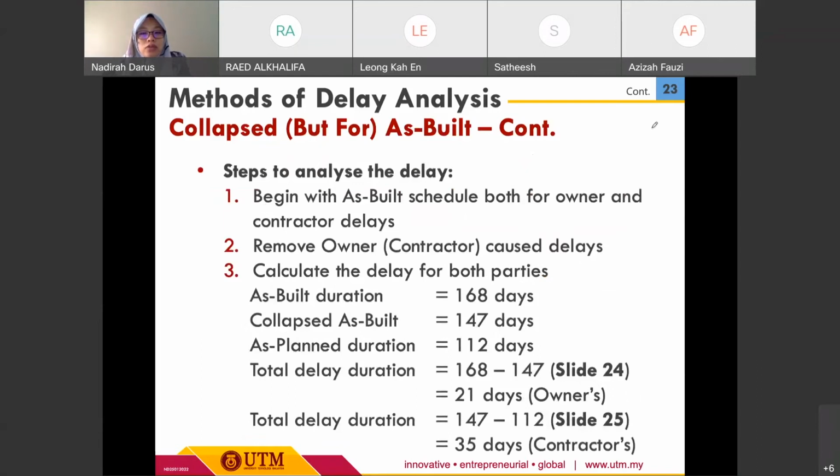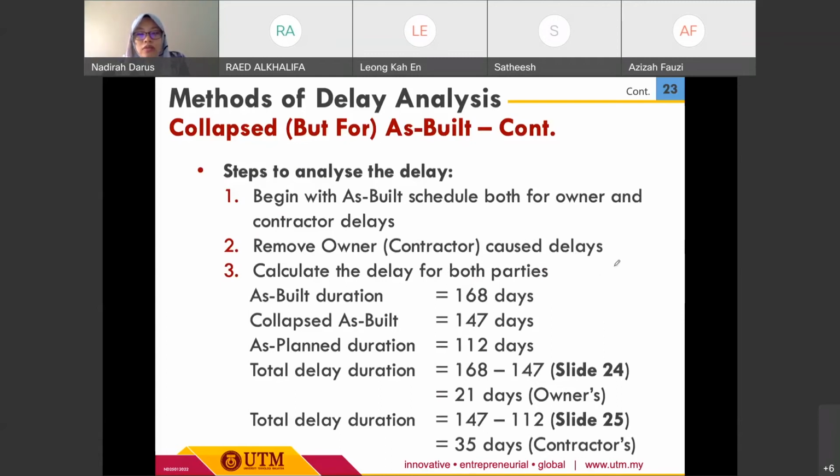In terms of the steps to analyze, we will begin with the as-built schedule for both owner and contractor delays, and then we need to remove the owner and contractor delays, and lastly we need to calculate the delay for both parties.